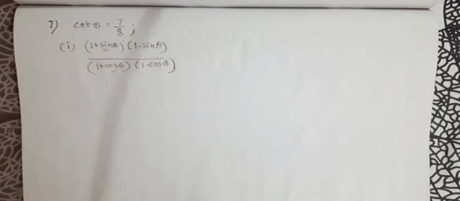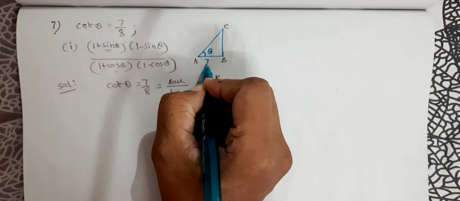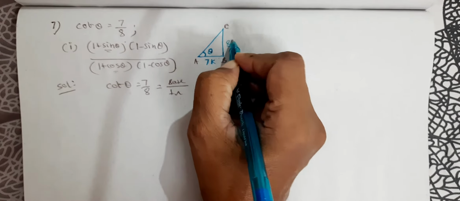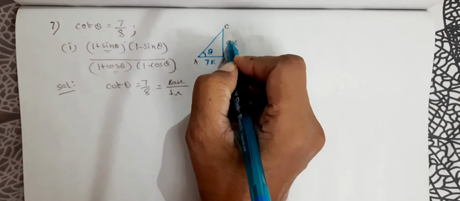Let me name it A, B, C; in whichever manner you want, you can write it down. Since it is in fraction form, I'll write it as 7k by 8k. So I take the base as 7k and the perpendicular as 8k.